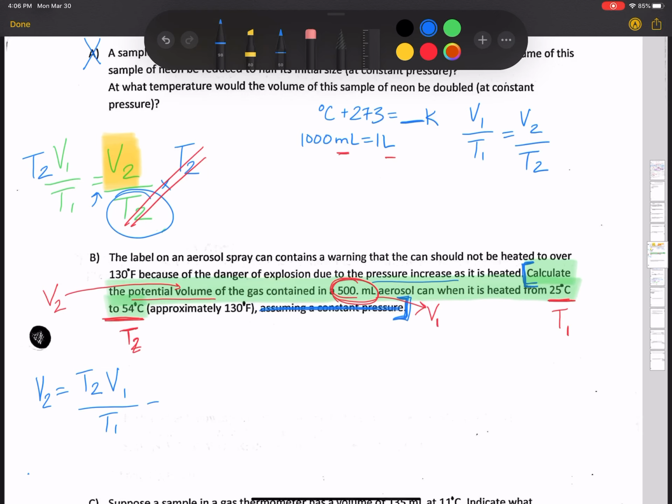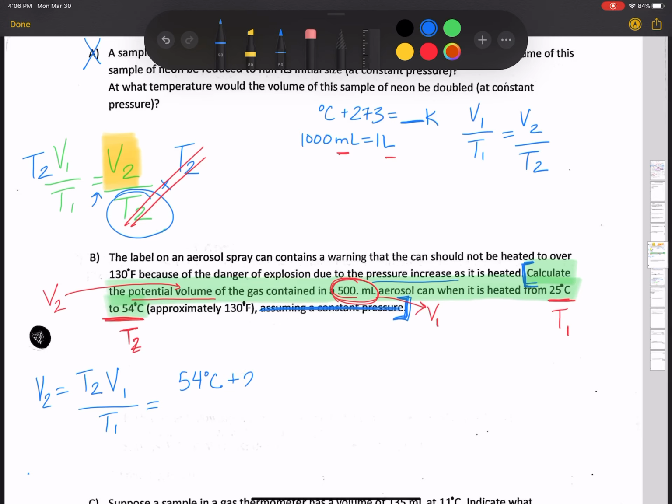So now let me go ahead and plug in all my information from my question. If you guys notice, I isolated my formula first for the variable I needed, and now I'm just plugging things in. That is the ideal way for you to do any of these questions. So my T2 was 54 degrees Celsius. Remember, I can't use Celsius, I have to use Kelvin.